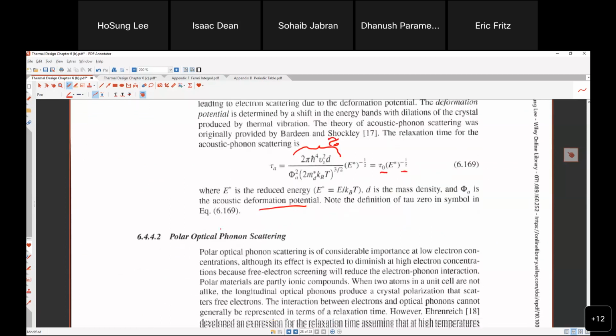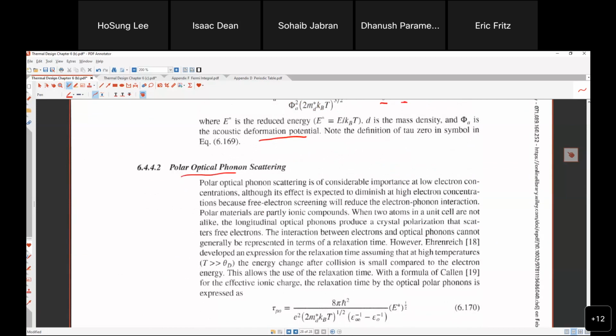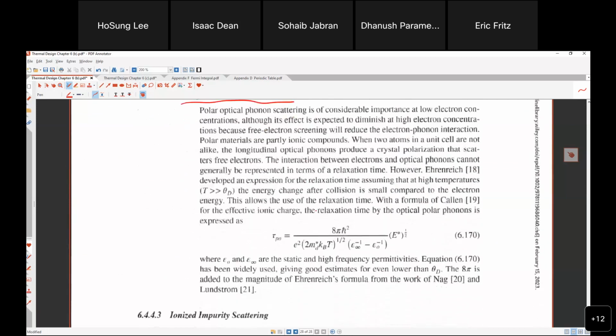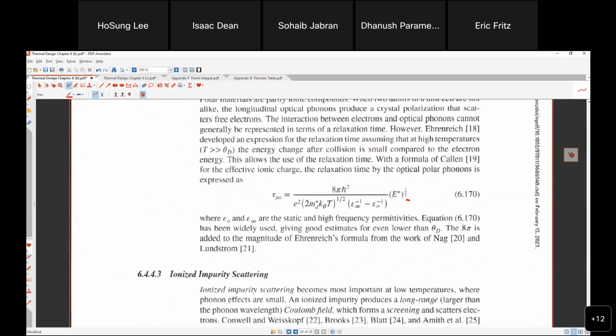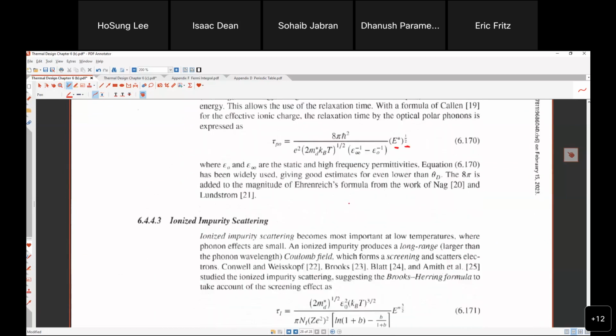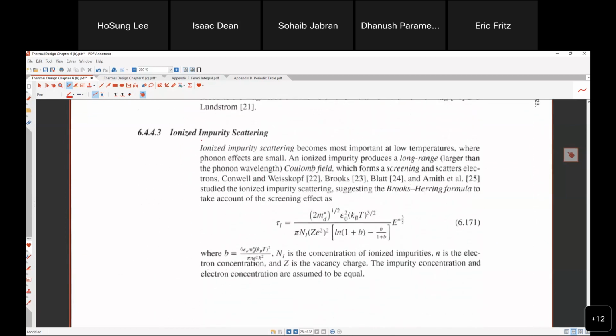Okay, and the polar optical is the one-half energy. Okay, and ionized impurity is three-halves.